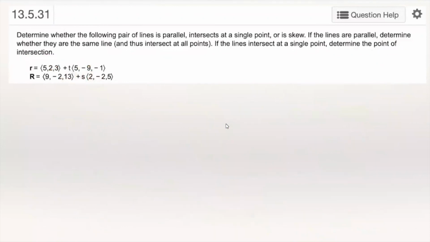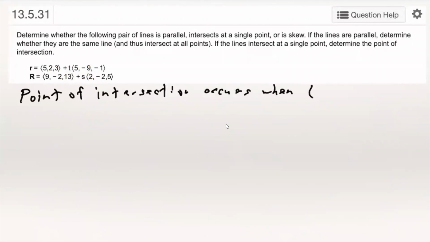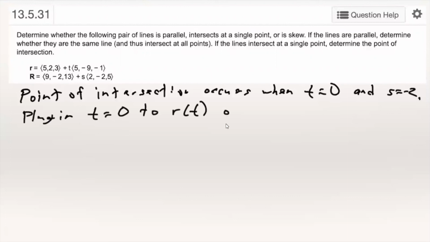So to find that point, we can just plug in t equals 0 to r of t, or we can plug in s equals -2 to big R of s.